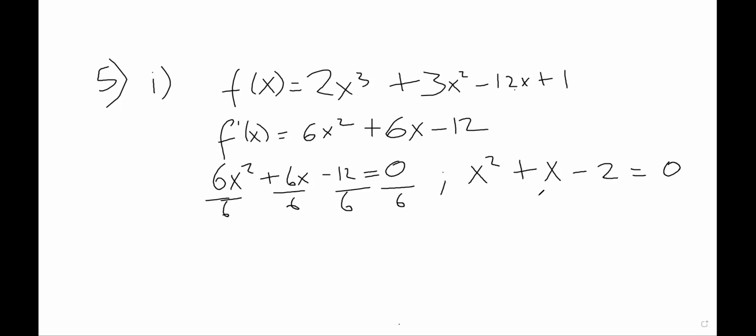Those two would be positive 2 and negative 1. Positive 2 times negative 1 gives us back negative 2. Positive 2 plus negative 1 gives us back 1. So that would satisfy the criteria we'd be looking for.